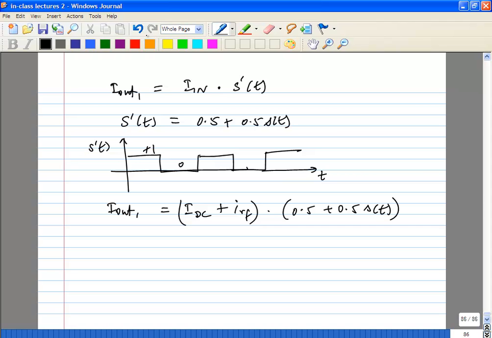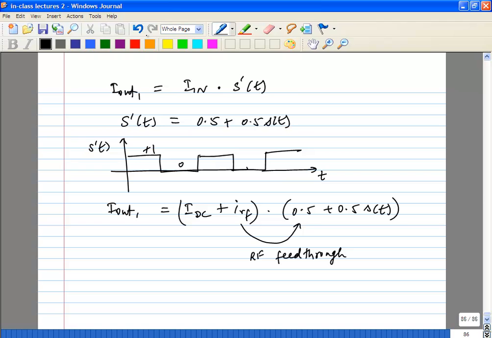So what does this show you? This IRF times 0.5 will give you an RF feed through component. What will happen is I out 2 will have minus 0.5 IRF.